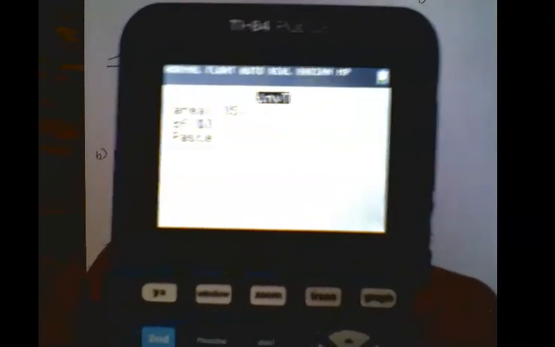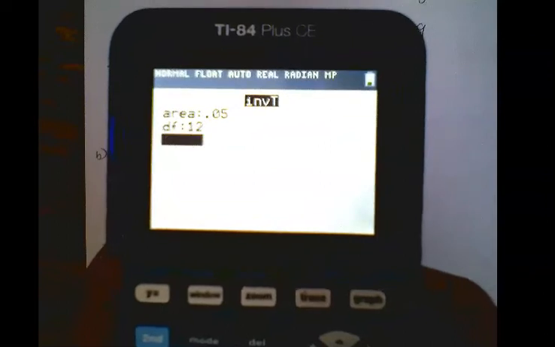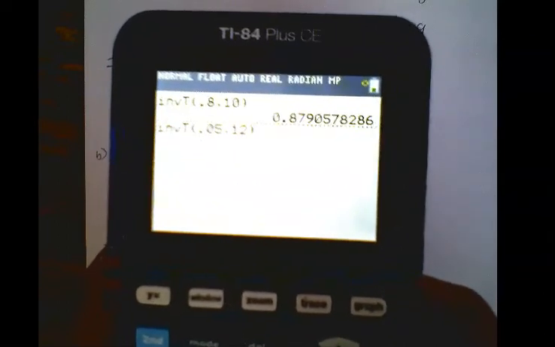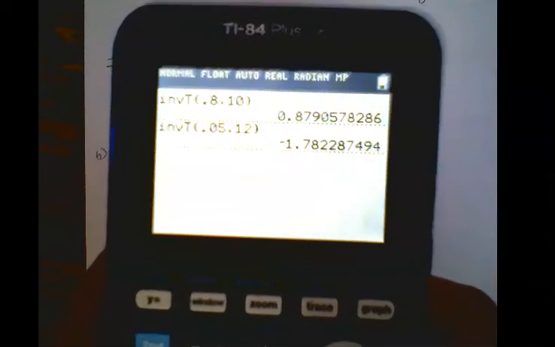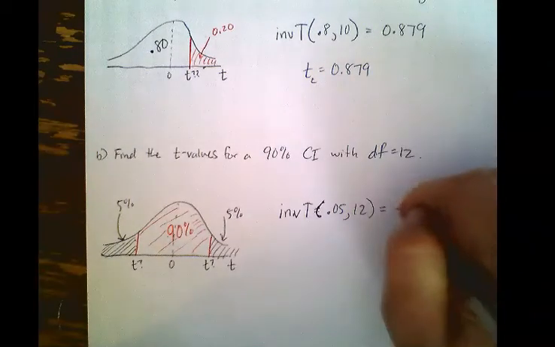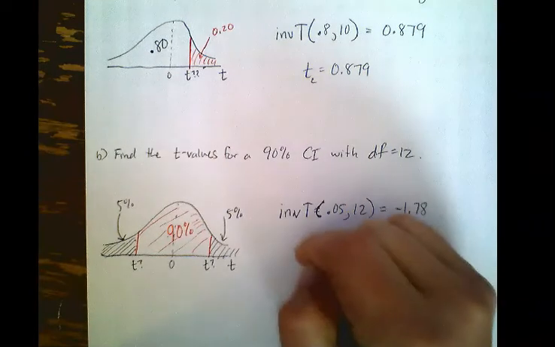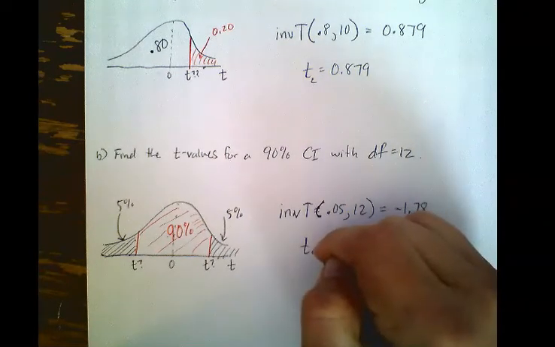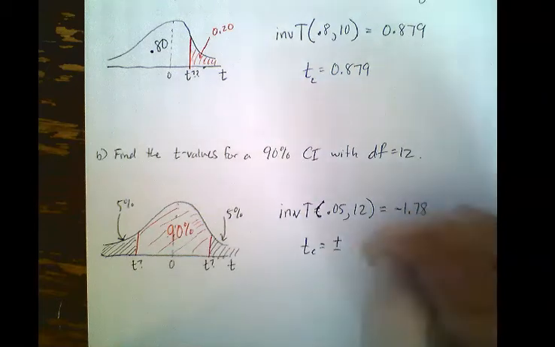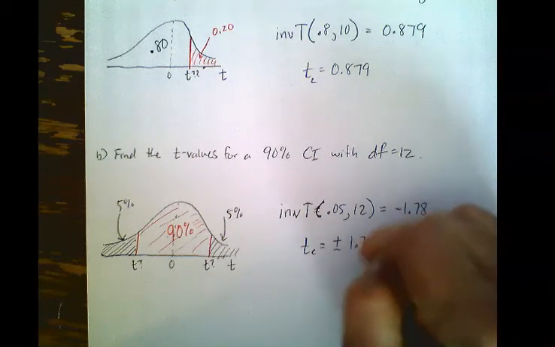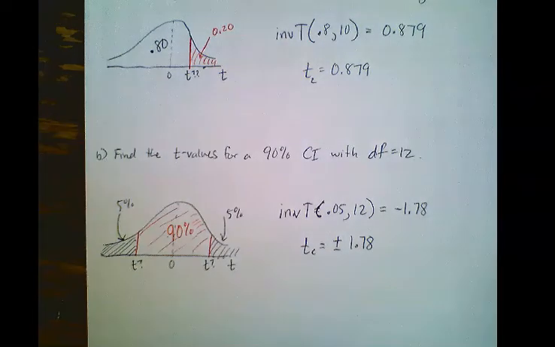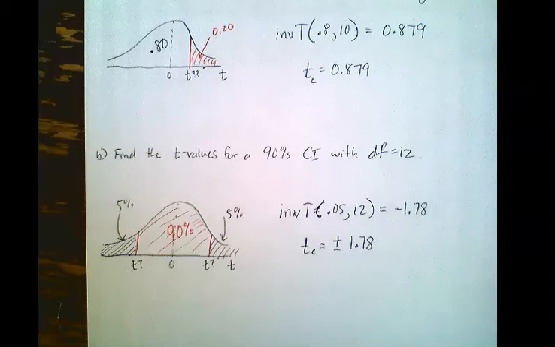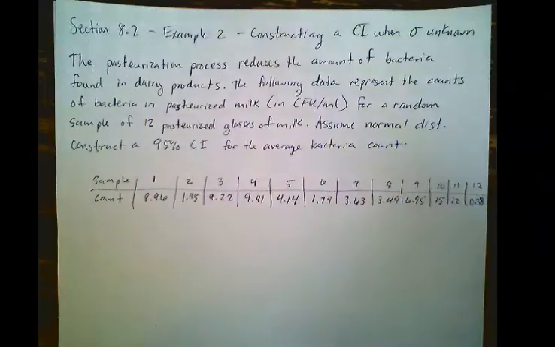This time 0.05 is to the left with 12 degrees of freedom. That gives us negative 1.78. Therefore, our t criticals are plus or minus 1.78. Okay. So you can go back to your PowerPoints now.